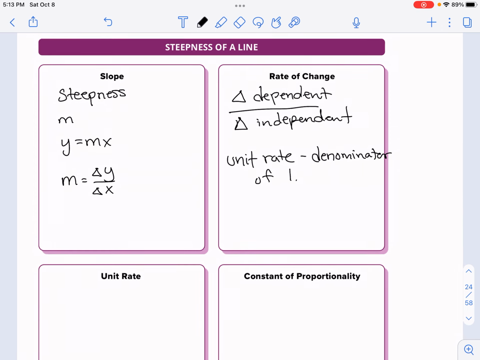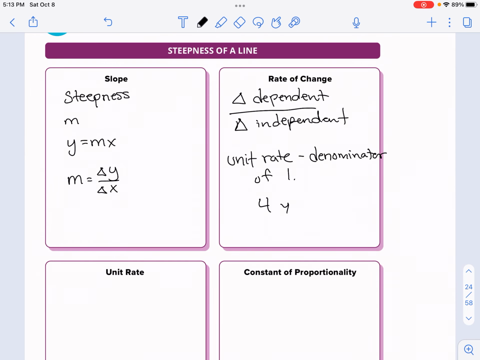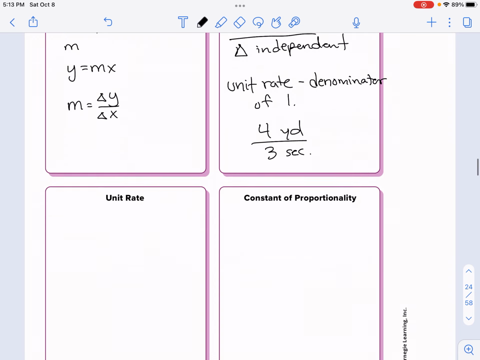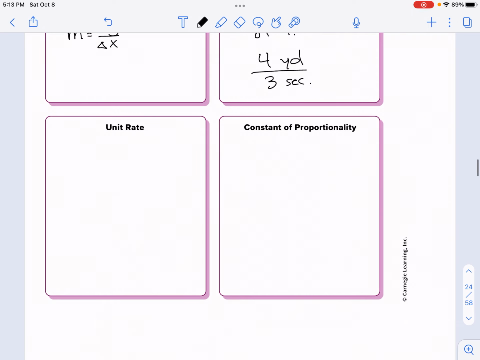Okay, so an example of a rate here, we could say 4 yards every 3 seconds. That's not the unit rate, but that is the rate of change. But yeah, let's get to the unit rate here. So this has a denominator (DEN) of 1. So an example of this, let's put it was 30 miles per 1 hour, or you could put 30 mph.